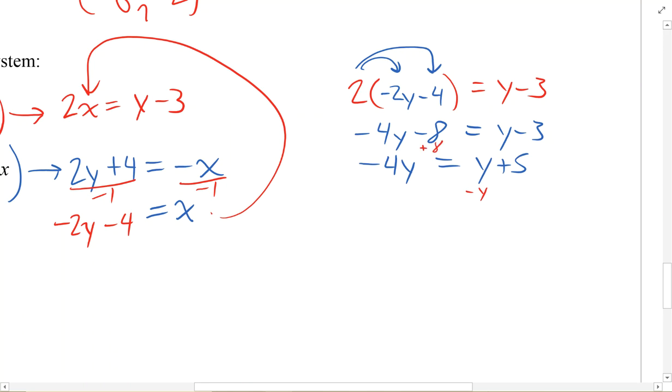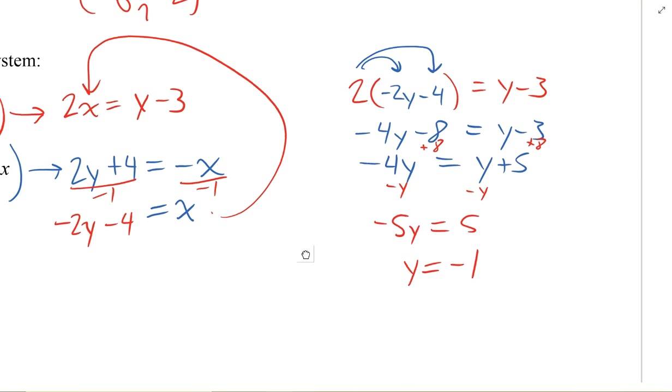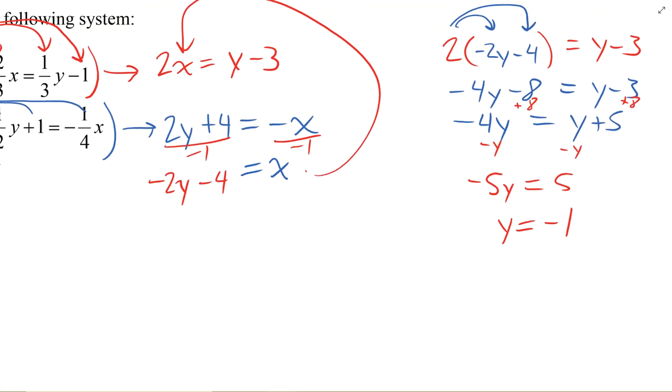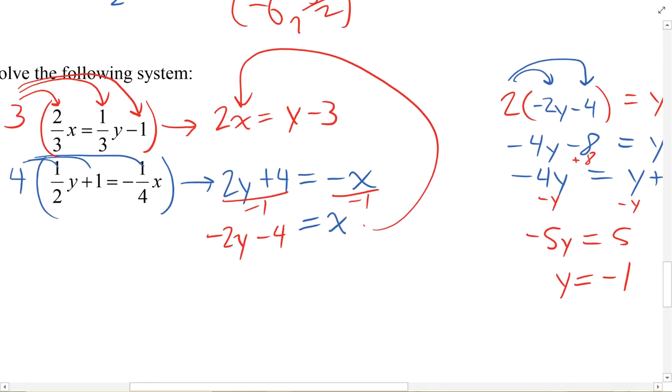So here I went minus y, and I get negative 5y equals 5, divide, y equals negative 1. Okay. Hands up if you got that. Good. Good job.